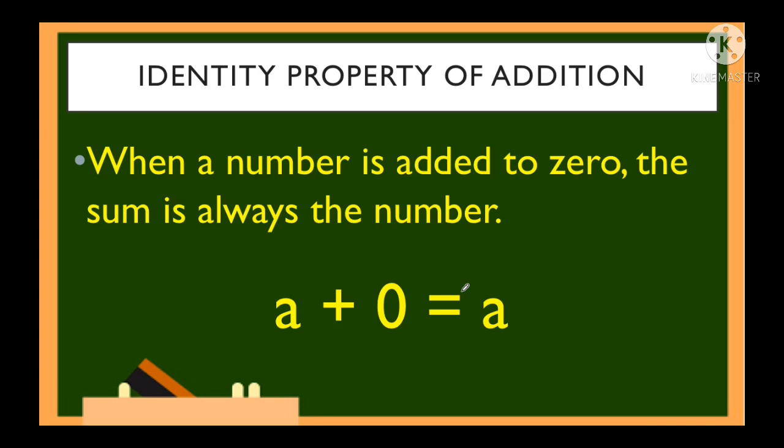In associative property of addition, we are adding three or more numbers, correct? Whatever the place of the parentheses, the answer of those three numbers, if we will add them, is always the same. In identity property of addition, every time you will add 0 to a number, the answer is always the number itself.